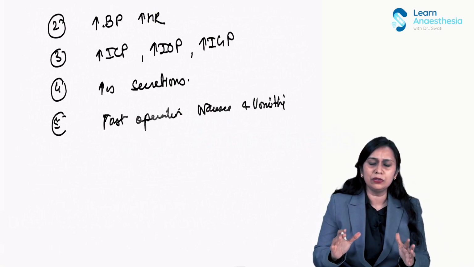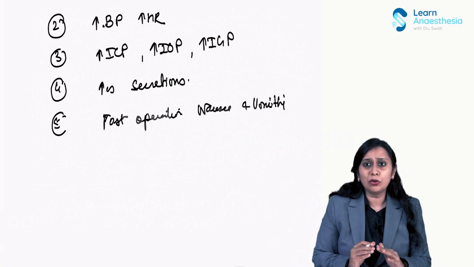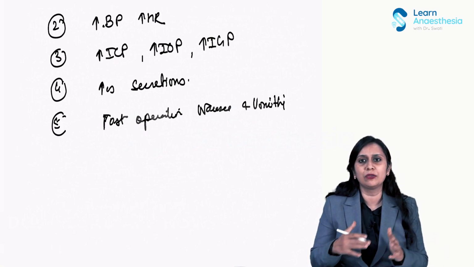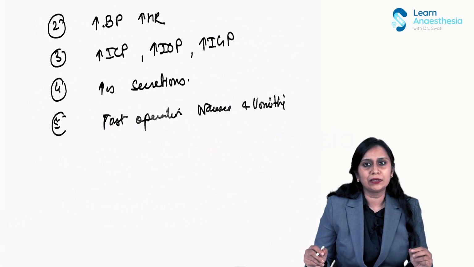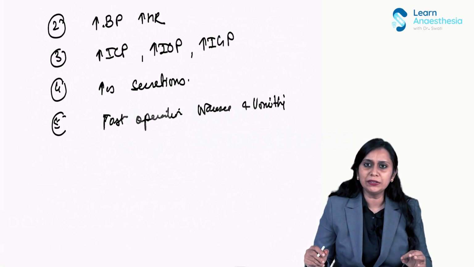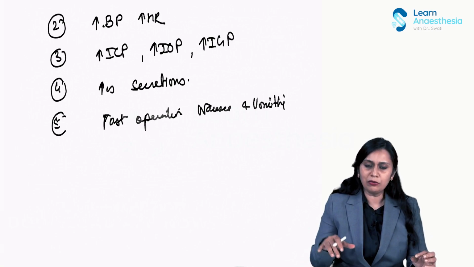Mostly ketamine is used for induction in shock patient, and the role of ketamine as an analgesic is evolving very fast, both for acute and chronic pain, and as an antidepressant also it's in the evolving phase. So ketamine has multiple roles. Okay, so this is all about ketamine.